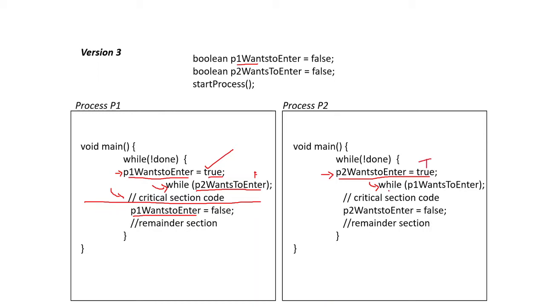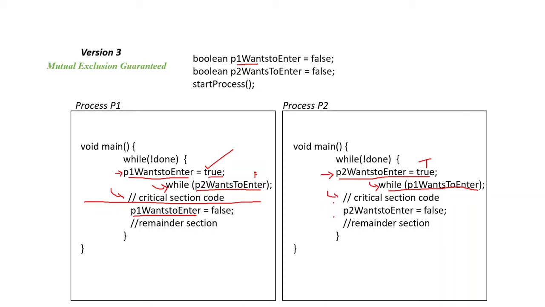So it gets stuck at this point and it needs to wait until the value of this variable changes. The value of this variable will be changed only when P1 exits the critical section. Then only it will change the value of the variable P1 wants to enter to false, and after that P2 will be able to enter into the critical section. So mutual exclusion is guaranteed in this piece of code.